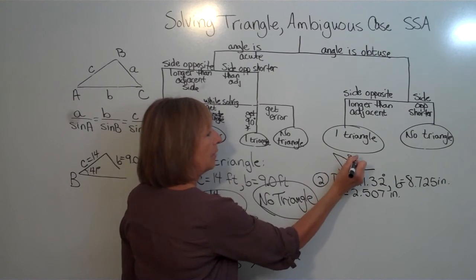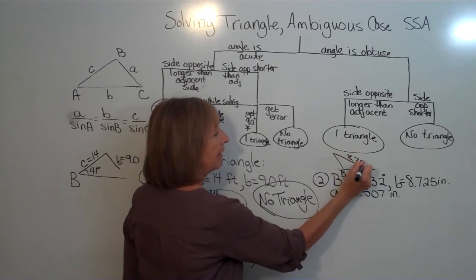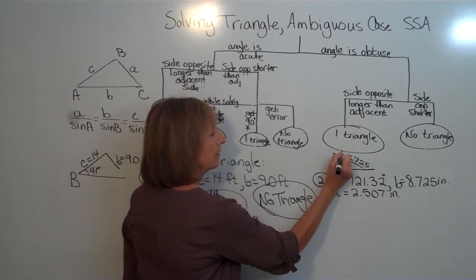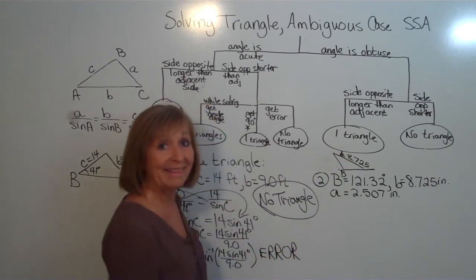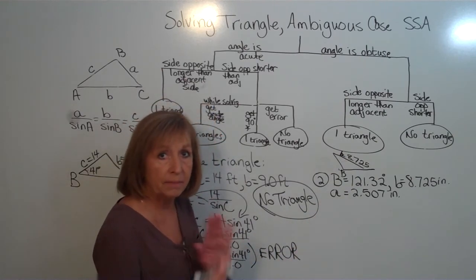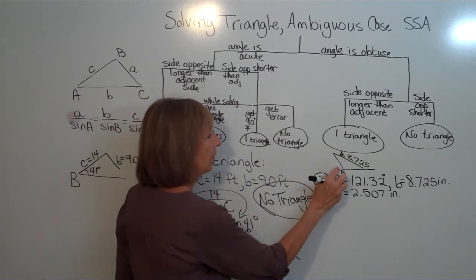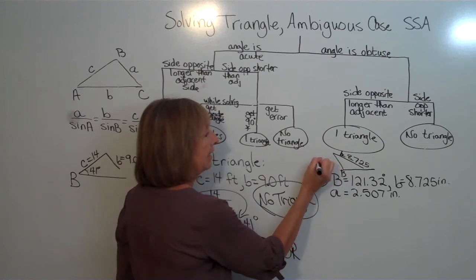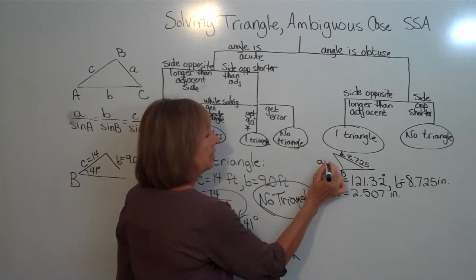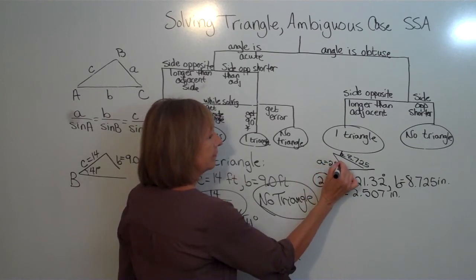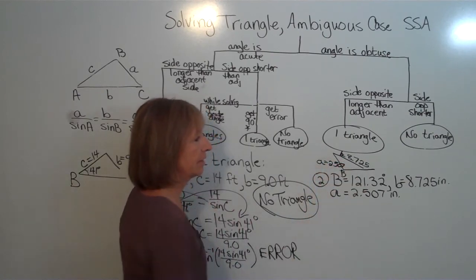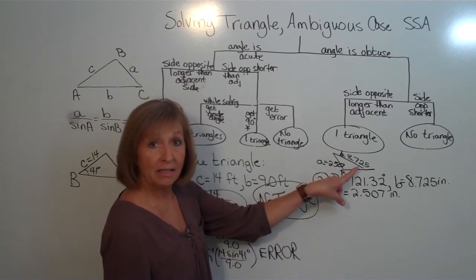That's your 8.725. And the other side they give you is the one that's adjacent to B coming off of the angle. So this is your side A, which is the 2.507 inches. So look at the numbers.